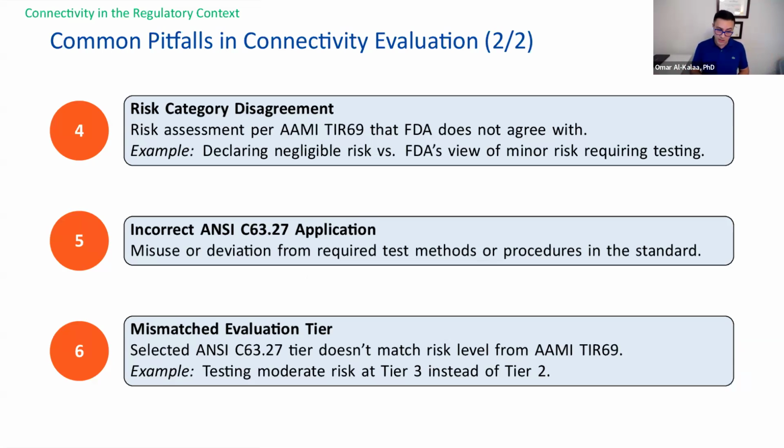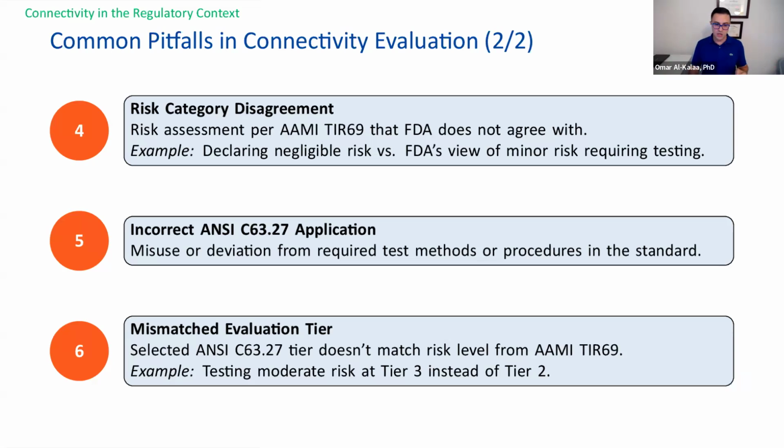The last pitfall is the mismatched evaluation tier. I haven't talked about the evaluation tiers, but in a nutshell, C63.27 specifies 3 tiers of decreased thoroughness of testing, tiers 1 through 3. And these are matched one-to-one with the risk categories. So if your device is of a minor risk category, it is tested according to tier 3. If it's of a major risk category, it is tested according to tier 1.